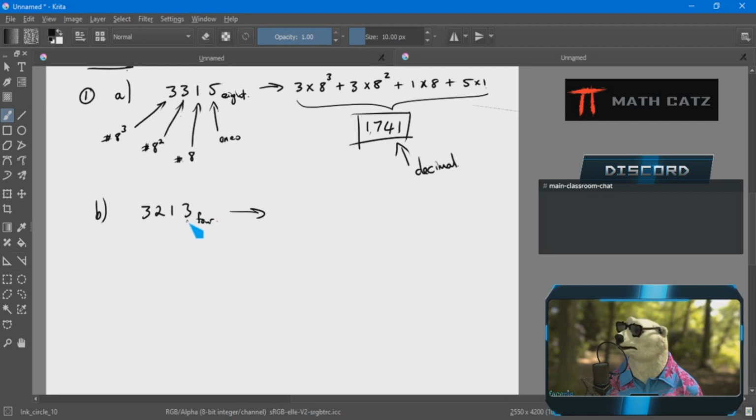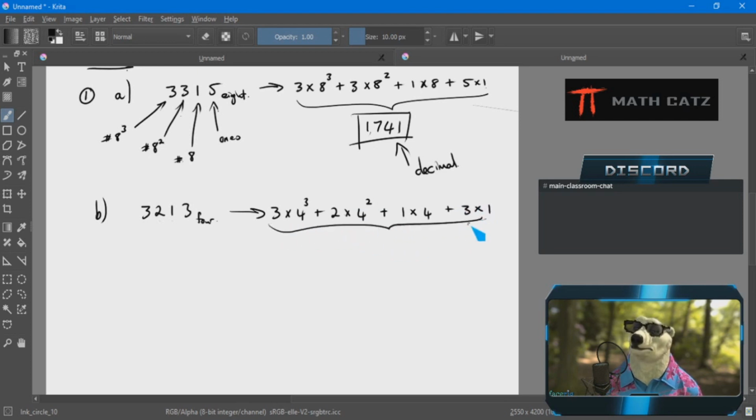Right to left is still how I think about it. 1s, 4s, 4 squared, 4 cubed. So it'll be 3 times 4 cubed plus 2 times 4 squared plus 1 times 4 plus the last 3 times 1.